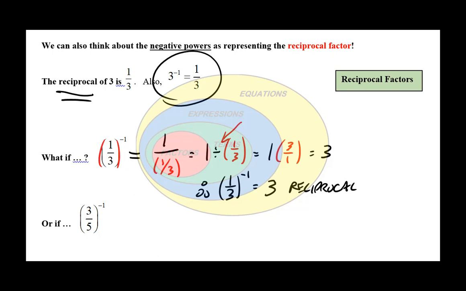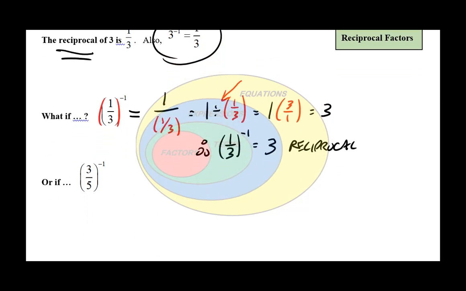So would it work with a fraction like 3/5? You know, should we get 5/3? And again, if we just rewrote this, applying the negative exponent would be 1 over that factor of 3/5. And of course, this is the same as 1 divided by 3/5. Invert and multiply.